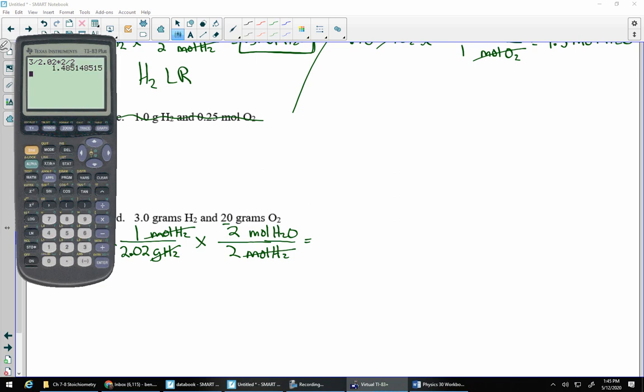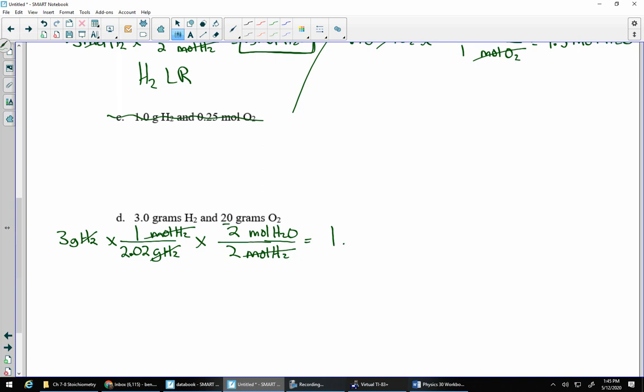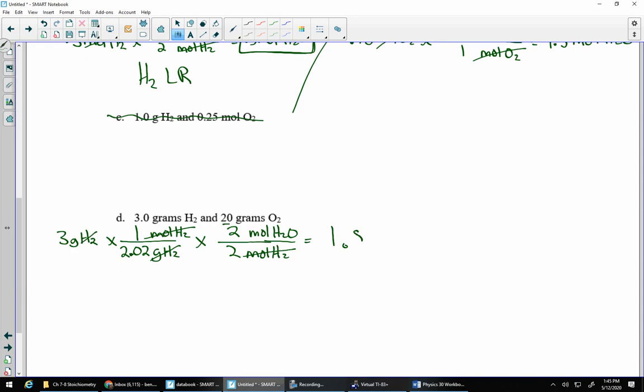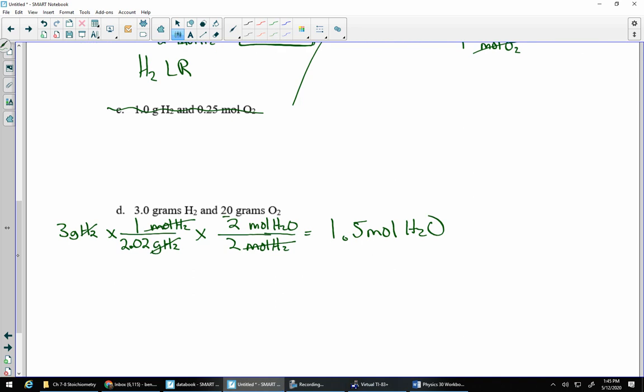That works out to be 1.485. With sig digs, we'll do 1.5 moles of water. Okay, cool. So that's with hydrogen.